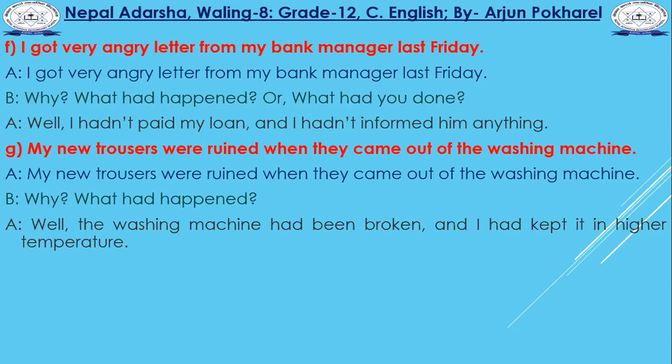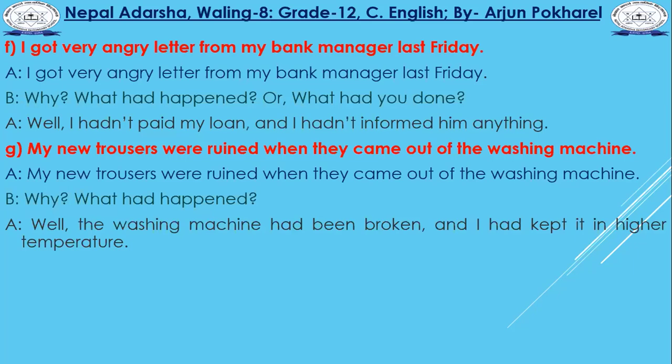The only difference is active or passive. What is the difference between I eat rice and rice is eaten by me? Active, passive, but the meaning is exactly the same. Just like that. Well, the washing machine had been broken. Or you can say, well, I had broken the washing machine. You can say that also.